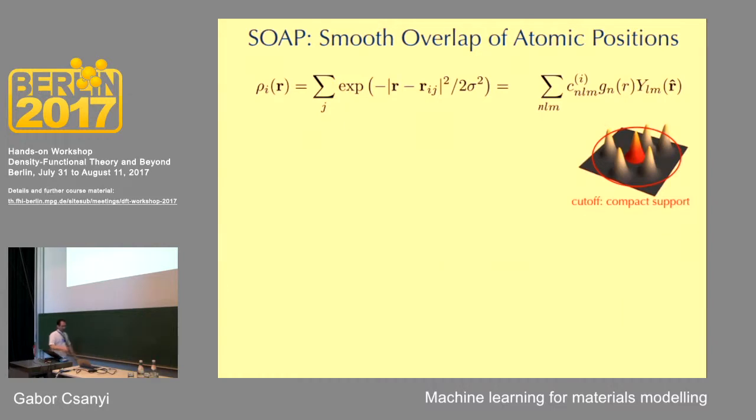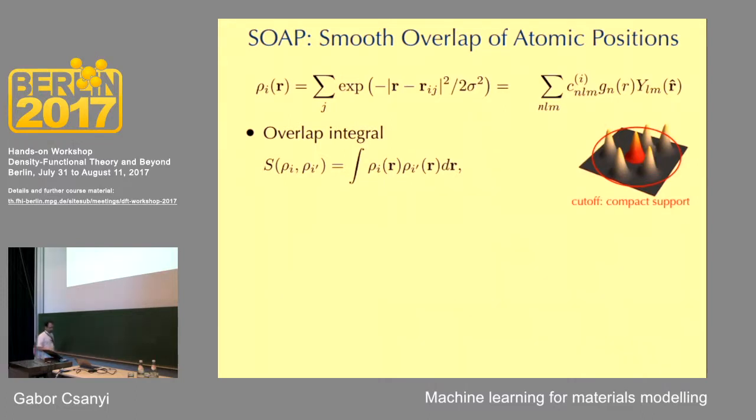So then we take that, and in order to construct a kernel, I take the overlap. The kernel is a basis function that compares two environments. So it's a function that gives me a scalar given two of these environments. And if I have two of these environments, I integrate them in space. Okay, so that's the overlap integral.